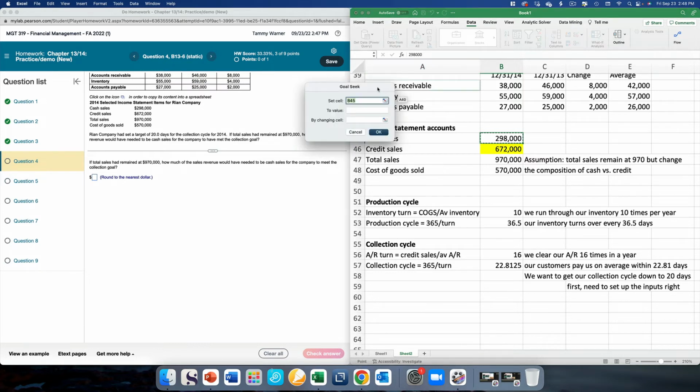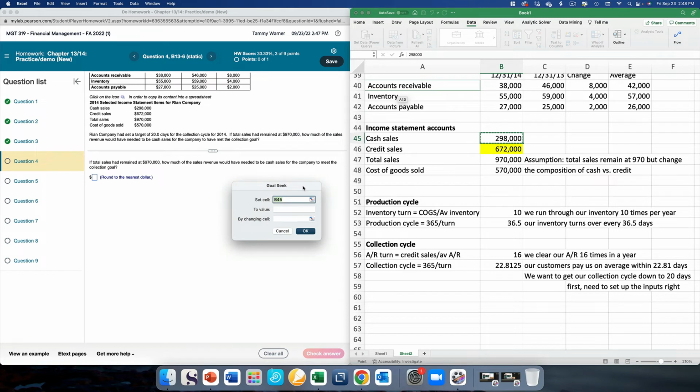And the inputs that it's asking you to give it, right? We want this collection cycle to be 20 days. So I want to set this cell here where the collection cycle is, I want to set that cell to be equal to the value of 20 days by changing the amount of cash sales.